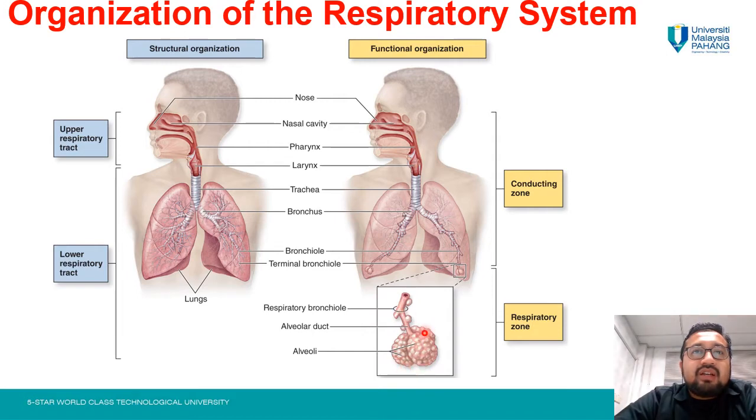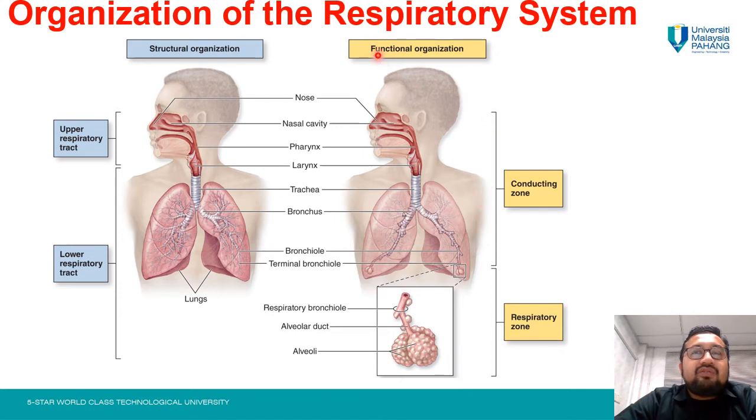The alveolar duct is like the stalk, while alveoli, singular alveolus. Because there are clusters of alveolus here, many alveolus, we call them alveoli.